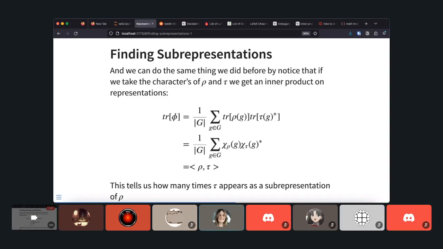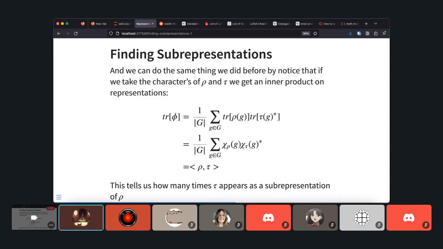Thanks. But you need to be careful. The way this goes is, if you've got a new group and a representation for it, you search as much as you can for an irreducible representation, and then you can use that as a probe to pick apart any other representations that you have.